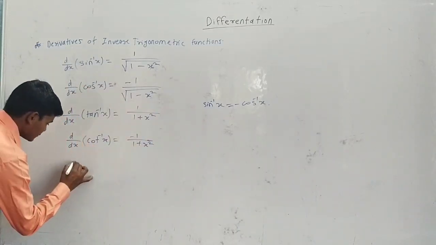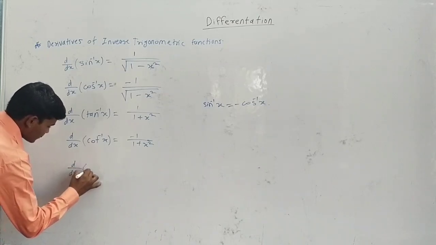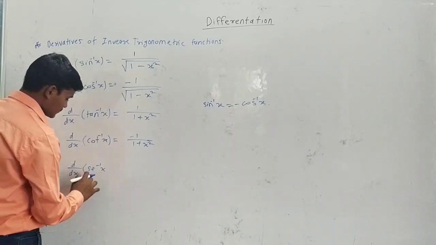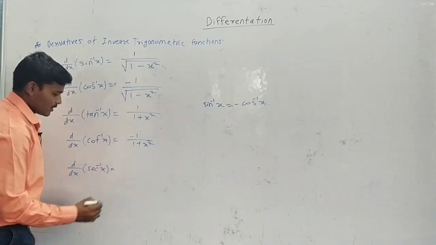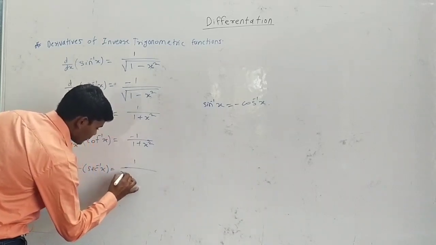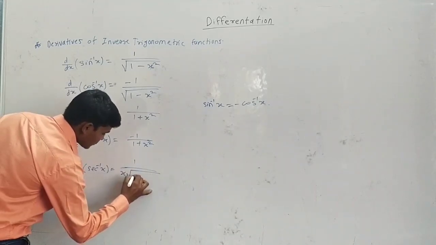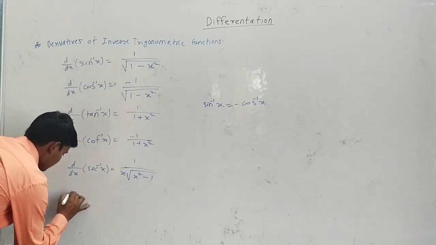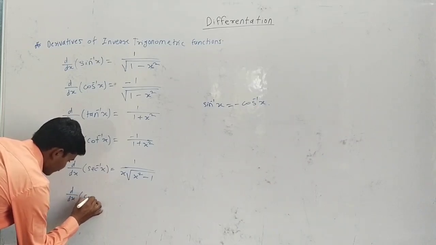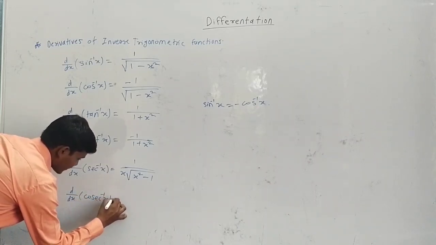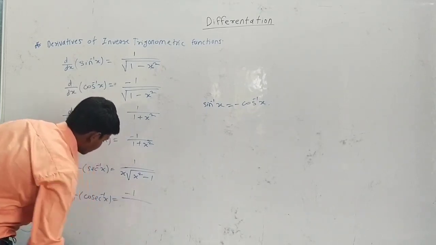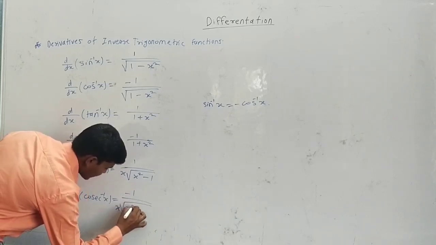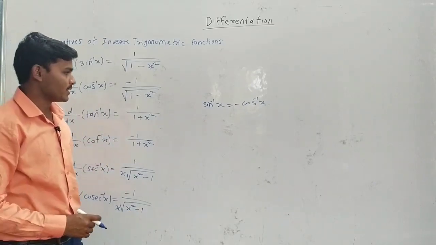Then next, the derivative of sec inverse x is 1 by x root x square minus 1, and the derivative of cosec inverse x is minus of sec inverse x, that is minus 1 by x root x square minus 1.